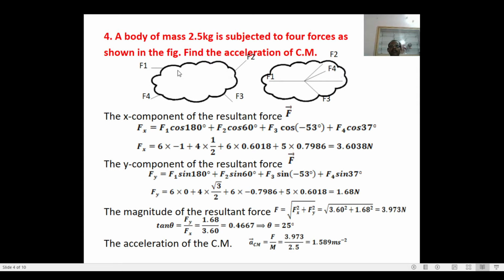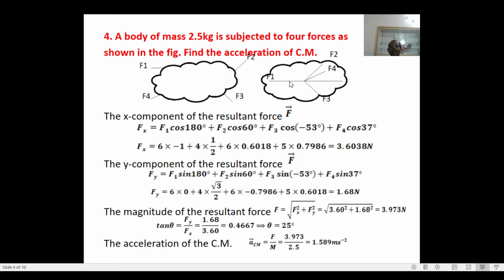Now, make all the force vectors collinear to a point where center of mass acts. This is the point. Make all the four force vectors collinear to this point. Now, F1 making 180 degree, F2 making 60 degree, F3 making minus 53 degree, F4 making 37 degree.